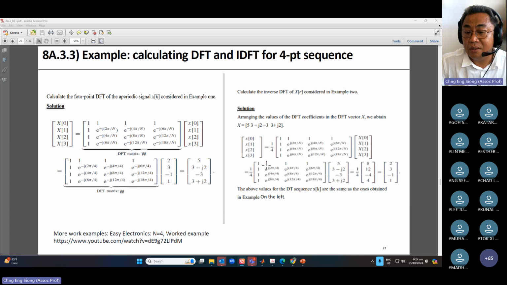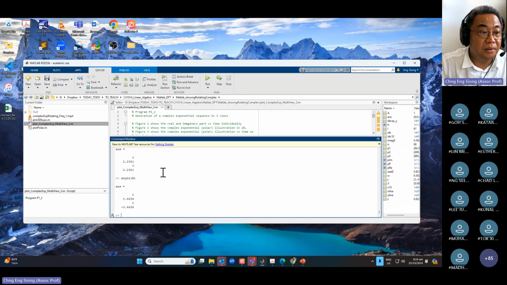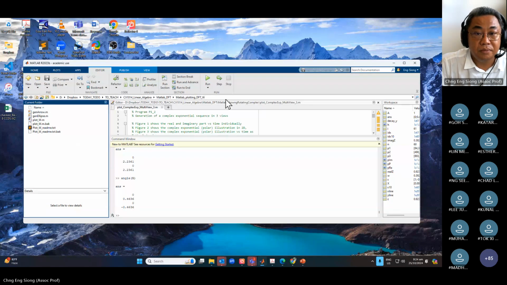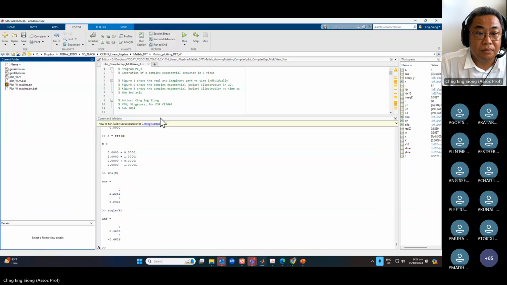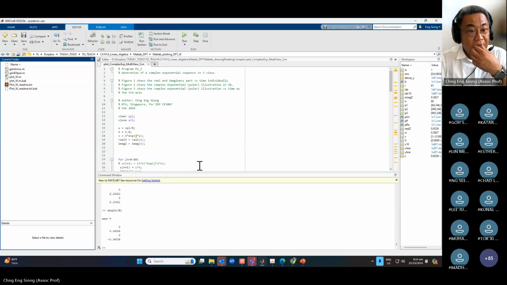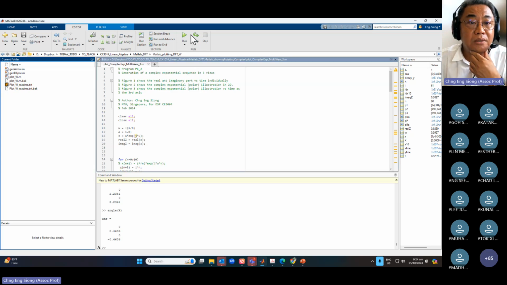So we have just drawn the second column of W^H. Okay, I'm going to draw this. I hope it runs.